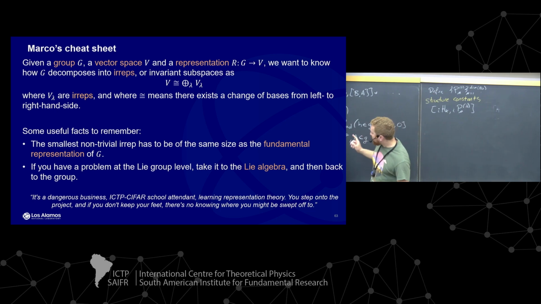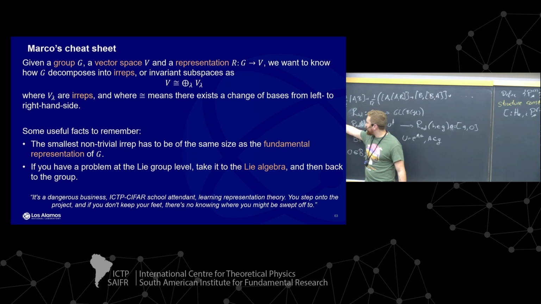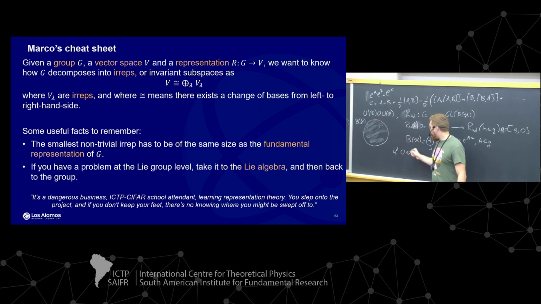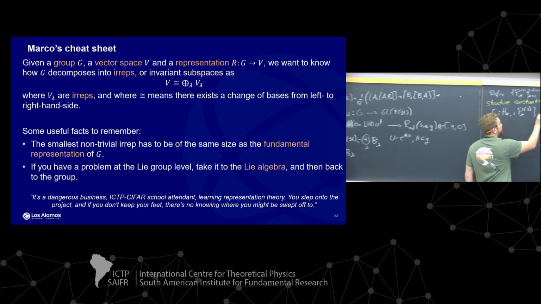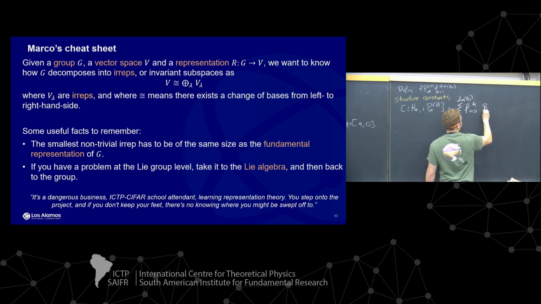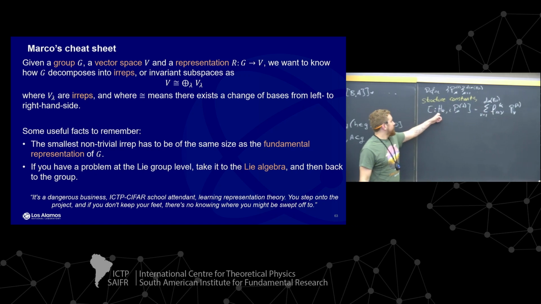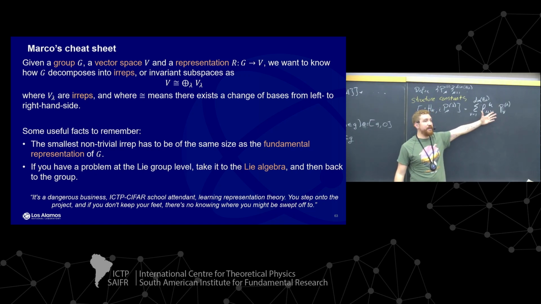And it's not hard to see that because these are closed under this action, if I conjugate an operator, I stay in here because it's an invariant subspace. If I commute, I have to stay here. So that necessarily implies that this can be written in this form, P mu lambda, which is just telling me I take something in the irrep, I commute it, I stay in the irrep. This is a necessary condition from the fact that it's an invariant subspace.